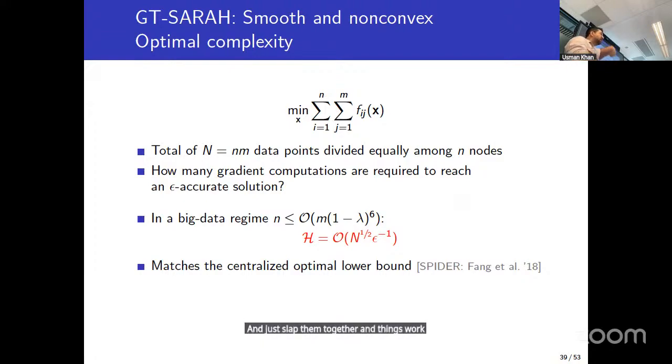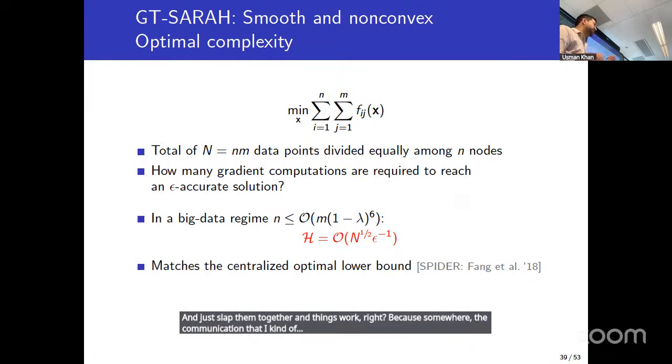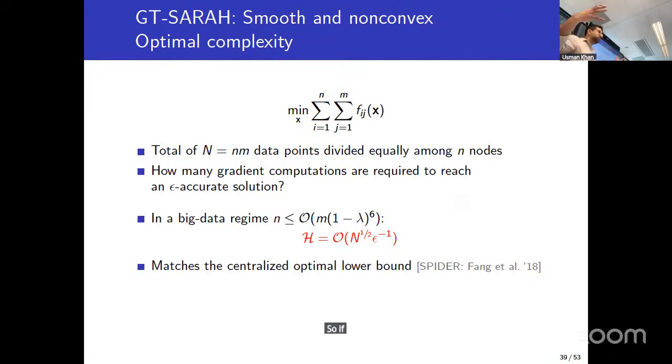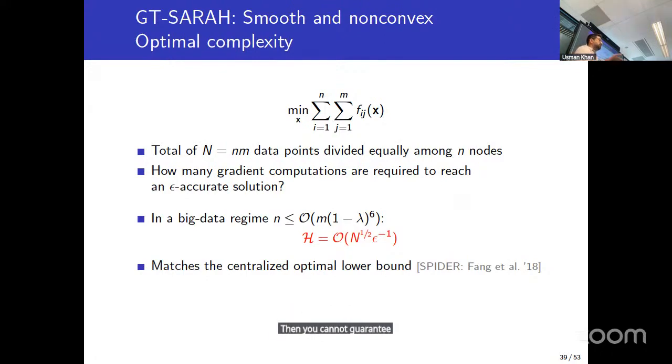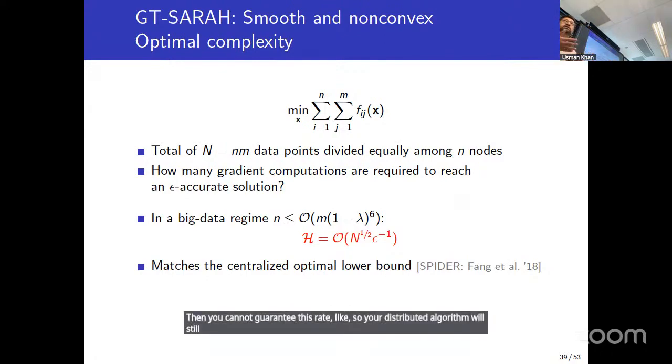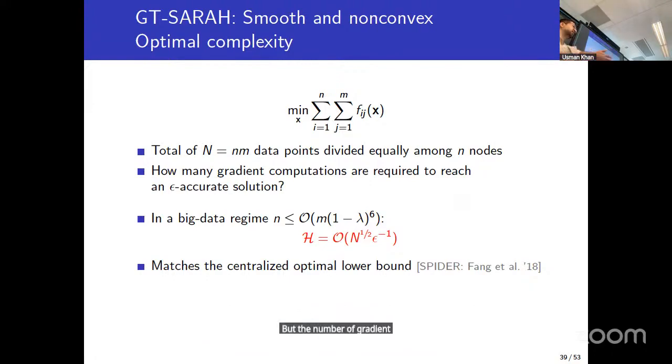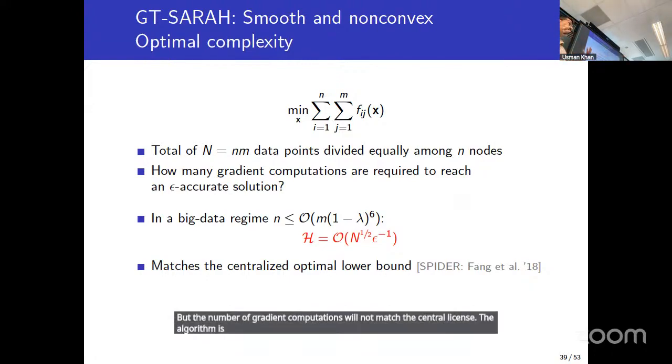Somewhere the communication that I pointed out earlier has to come in, and this is where it comes in. If the nodes that you have packed together to do this distributed computation do not communicate well among each other, then you cannot guarantee this rate. Your distributed algorithm will still work, but the number of gradient computations will not match the centralized. So the algorithm is not going to be optimal.